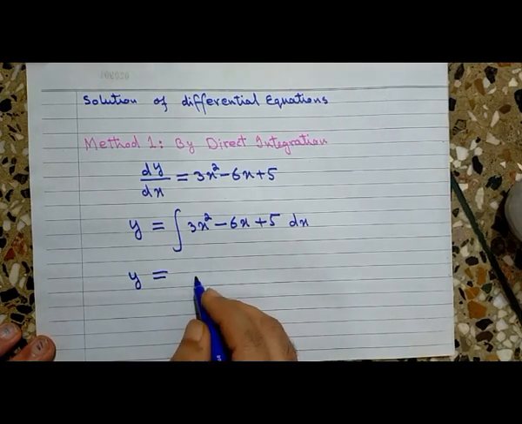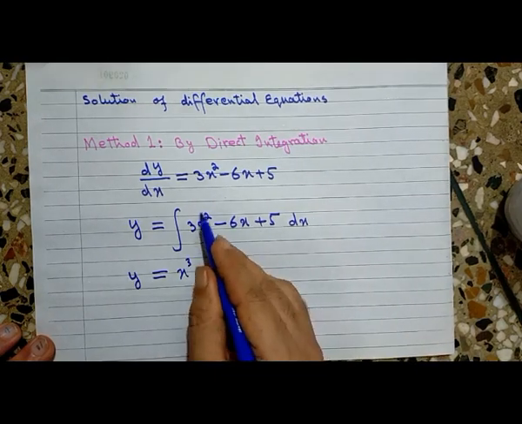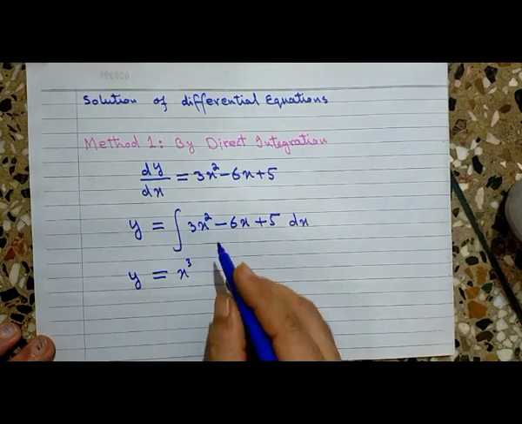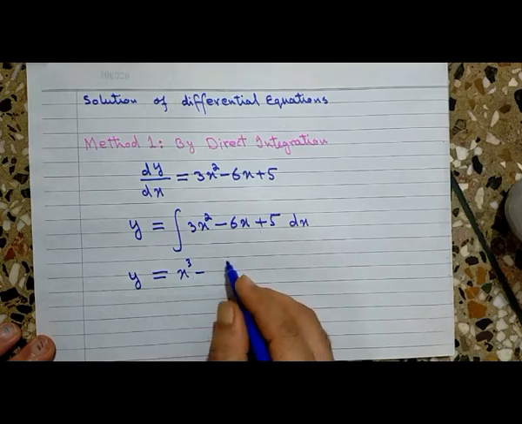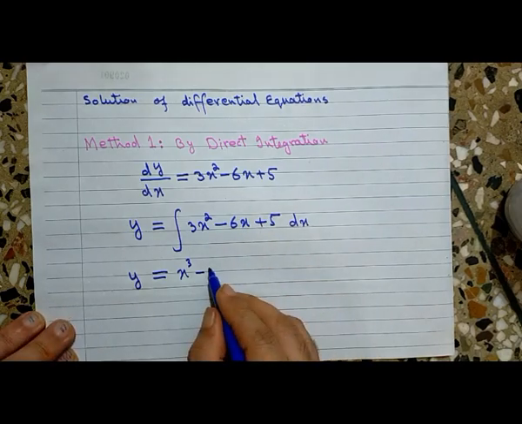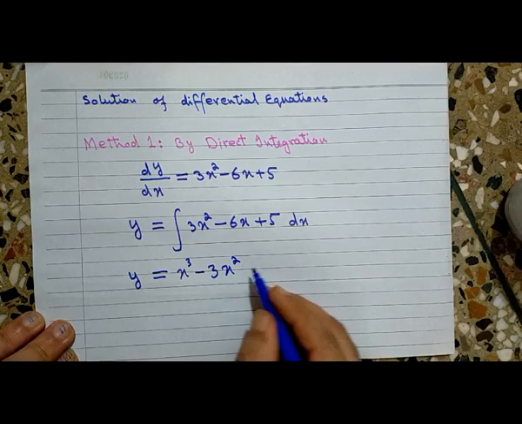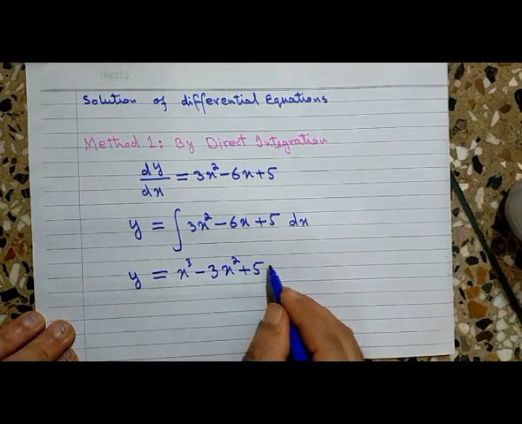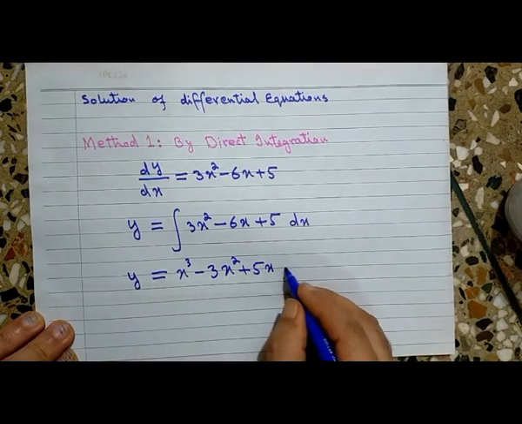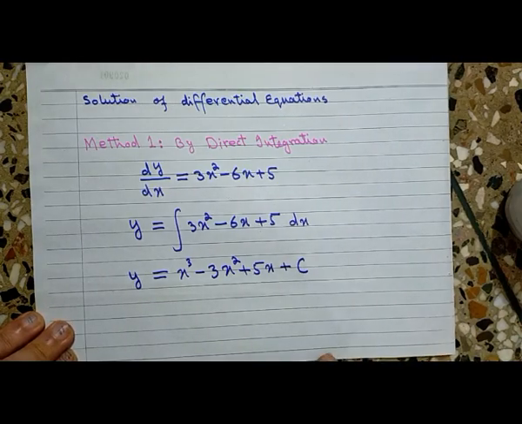y is equal to x³ by simply integrating this one, minus, well, it will be x²/2 times 6, which is 3x², plus 5x plus c, some arbitrary constant.